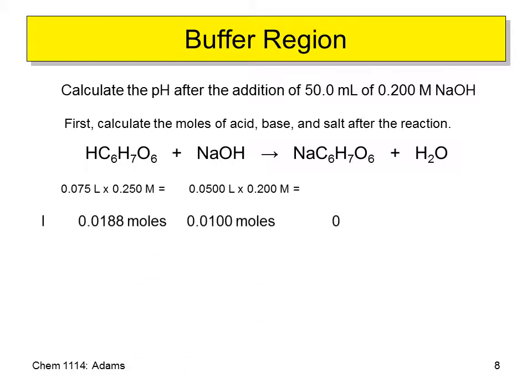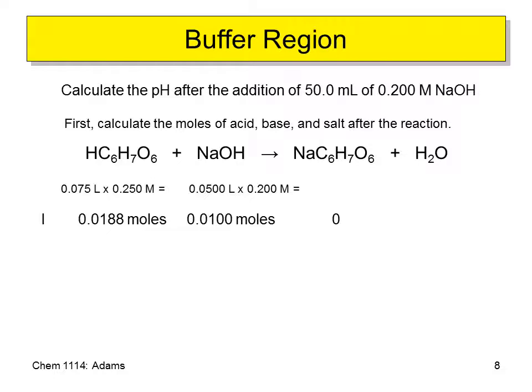And we are going to calculate the number of moles of each of the two reacting species. And the number of moles is simply the volume times the molarity. Now you can hopefully see that this is a limiting reactant problem.